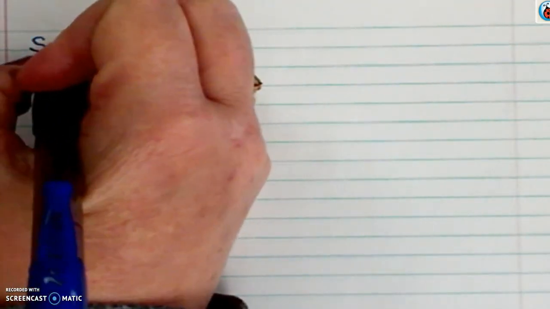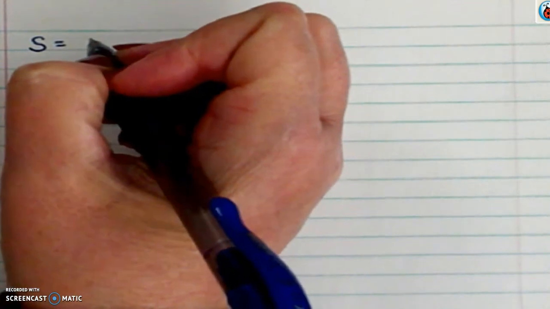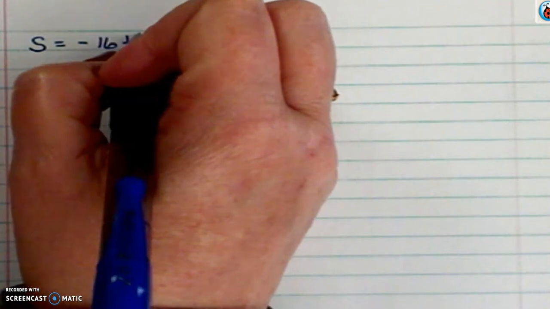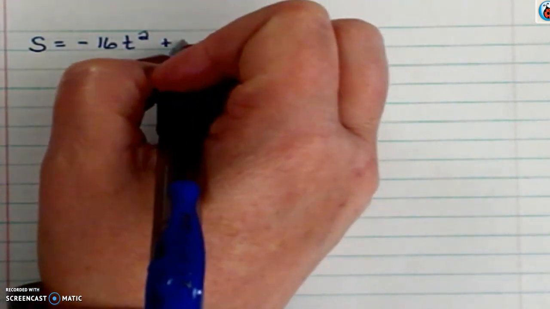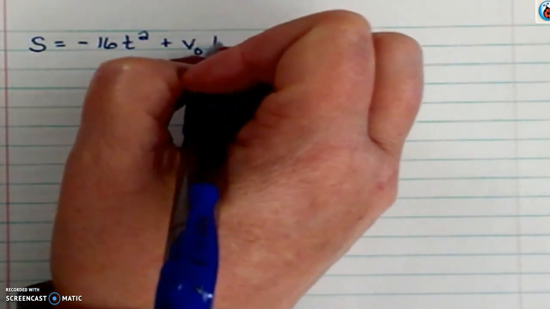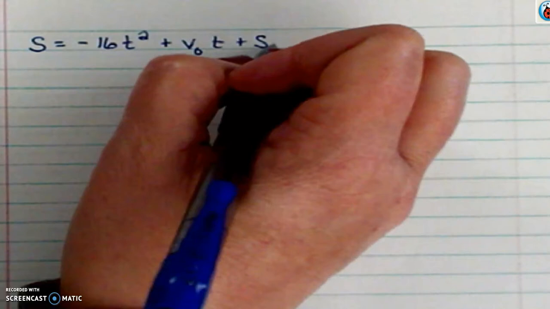They are going to say distance is s, which is going to refer to your height, is equal to negative 16 t squared plus v sub o t plus s sub o.